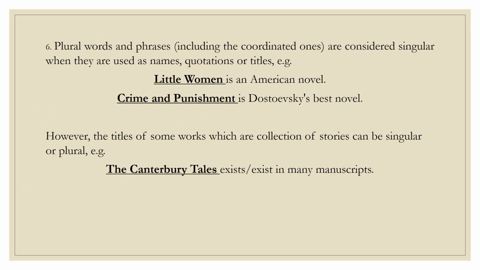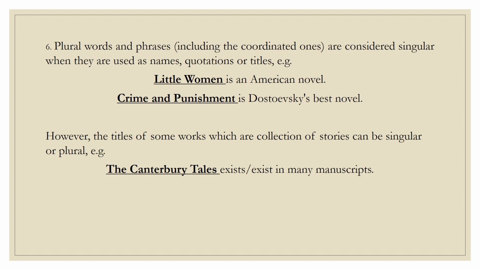Number 6, plural words and phrases, including the coordinated ones, are considered singular when they are used as names, quotations, or titles. So they are plural in their form and in their meaning.